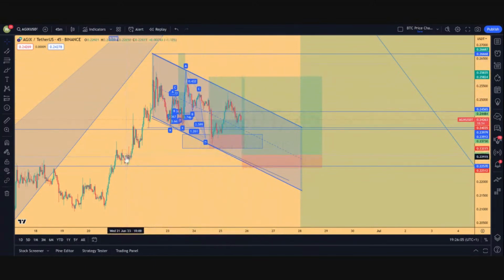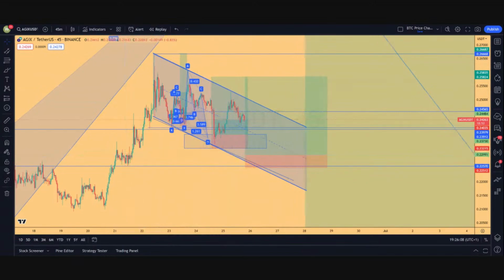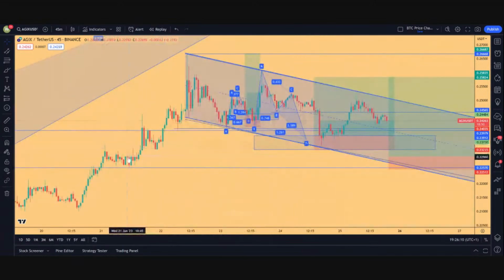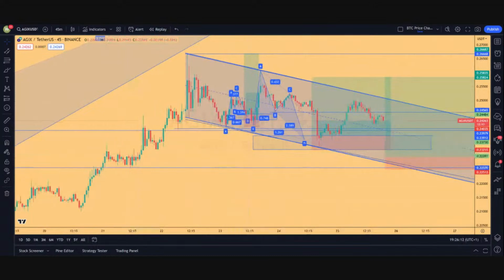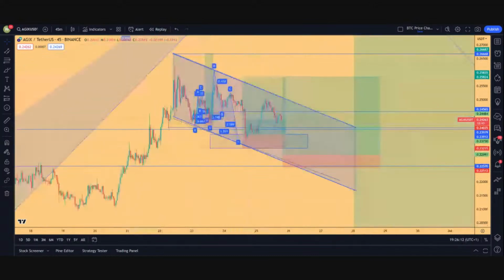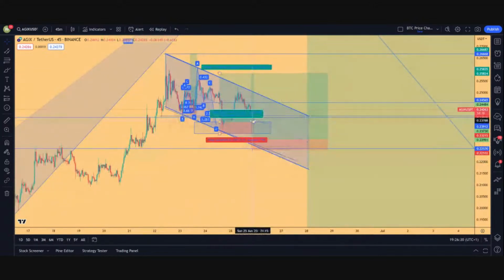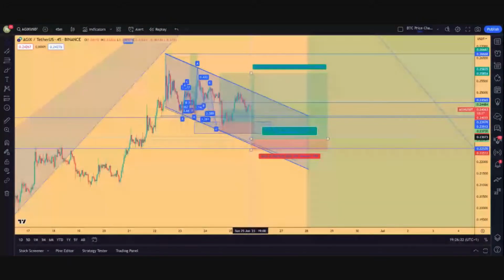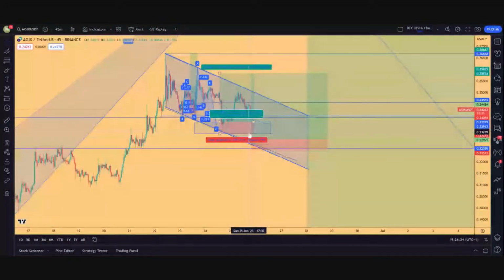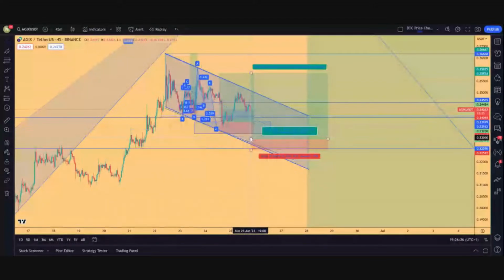So this is a key entry. This is a cool entry if it gives us that. If price breaks below the middle of this channel, definitely we know that it's going to go back into the box, and maybe it might want to go down more.